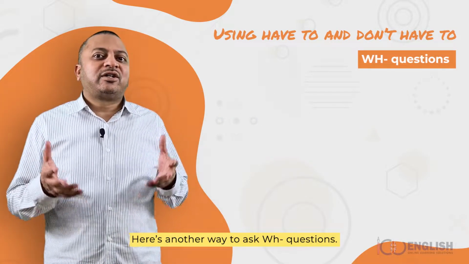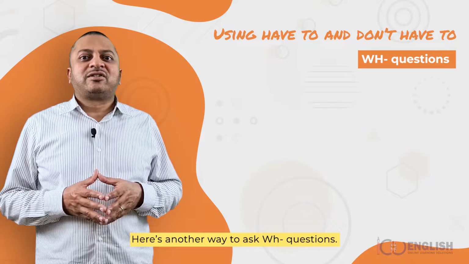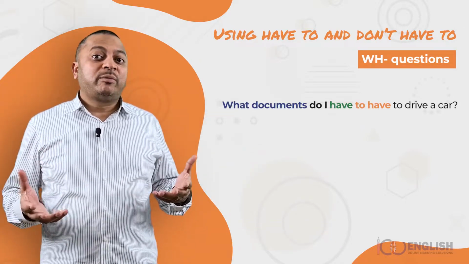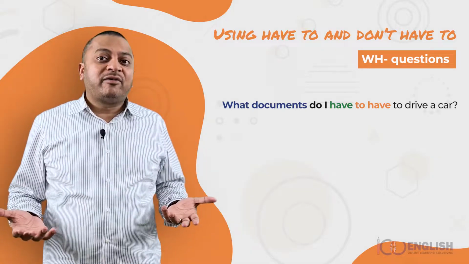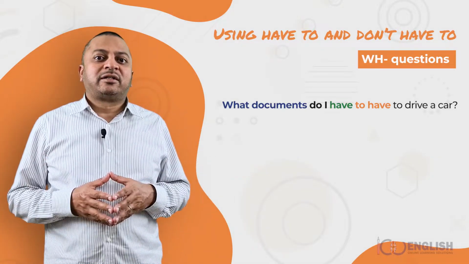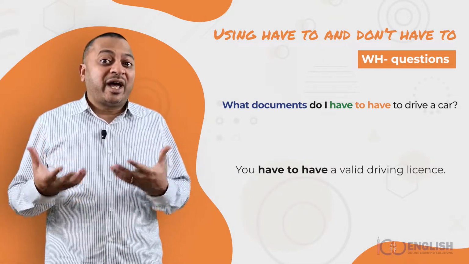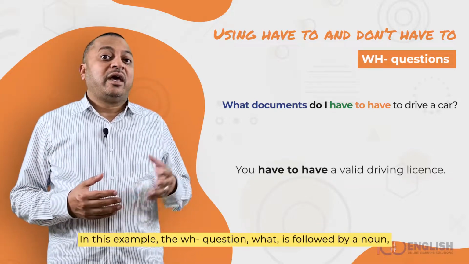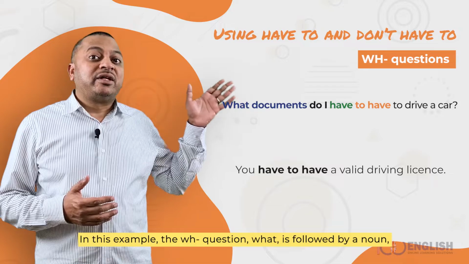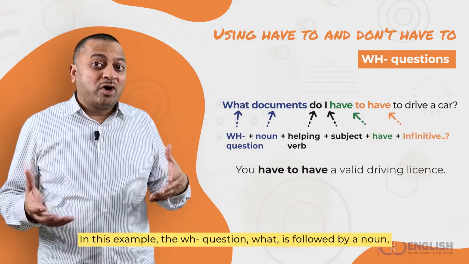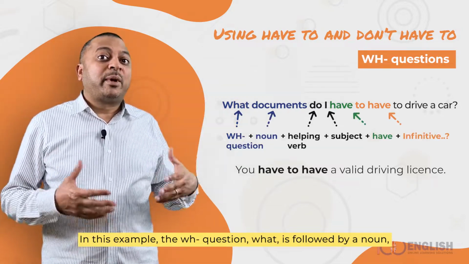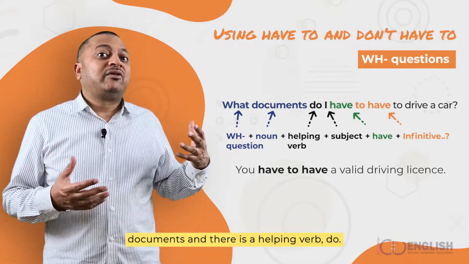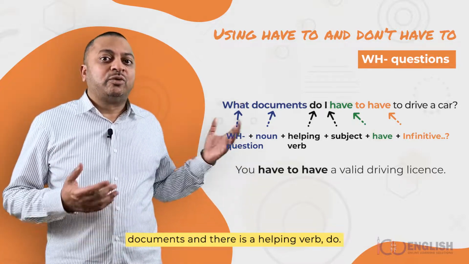Here's another way to ask WH questions. Look at the example. What documents do I have to drive a car? You have to have a valid driving license. In this example, the WH question, what, is followed by a noun, documents, and there is a helping verb, do.